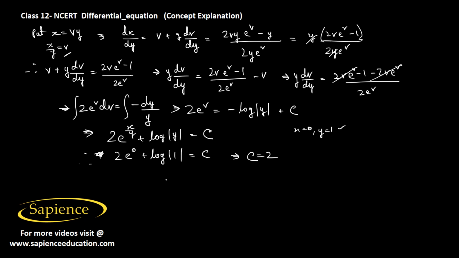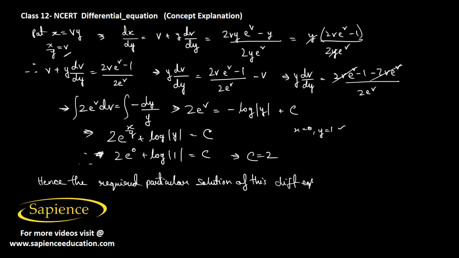So c equals 2. So hence we can say the required particular solution of this differential equation is 2 e power x by y plus log mod y equal to 2. So this is the answer. Thank you.